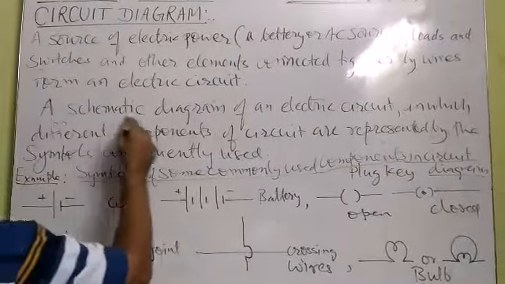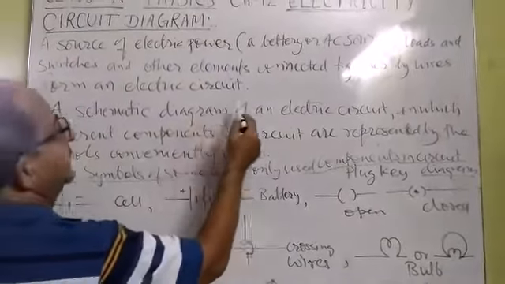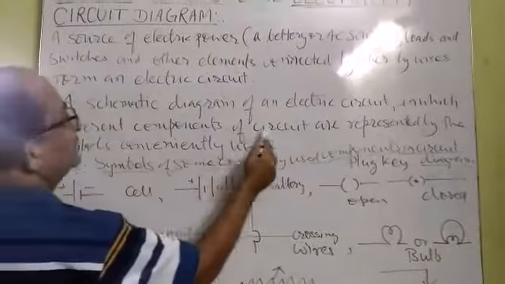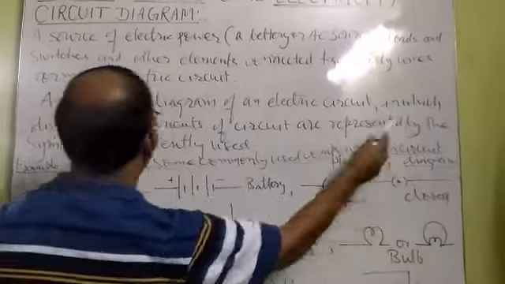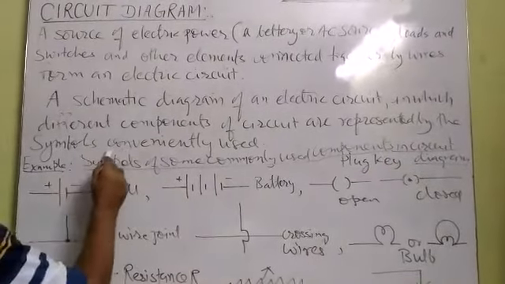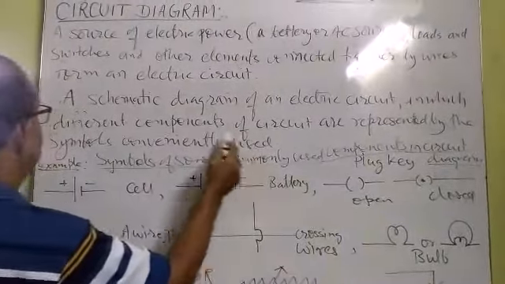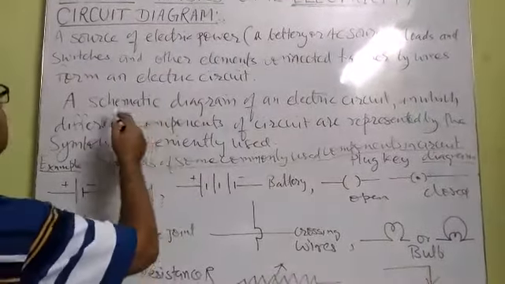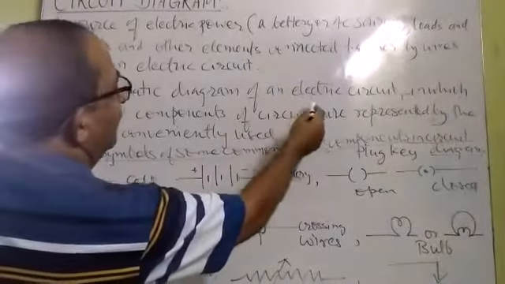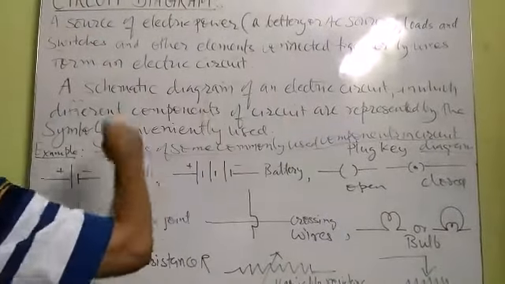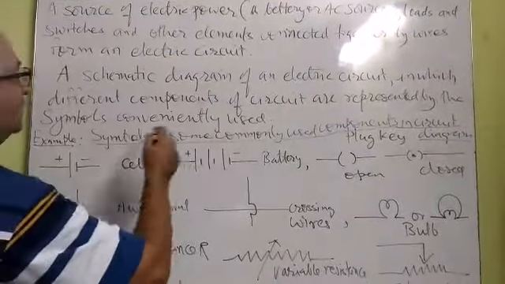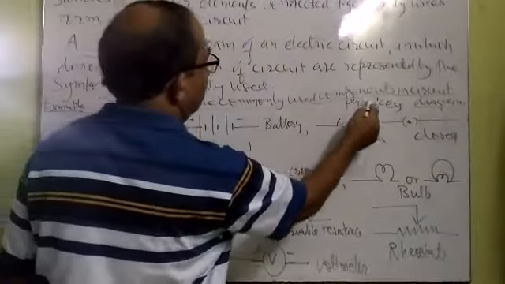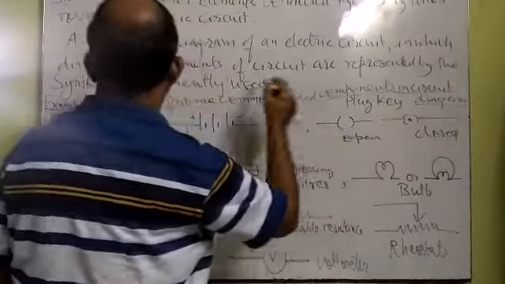A schematic diagram or drawing of an electric circuit in which different components of the circuit are represented by conveniently used symbols is called a circuit diagram. Now we shall discuss some commonly used components in electric circuit diagrams.